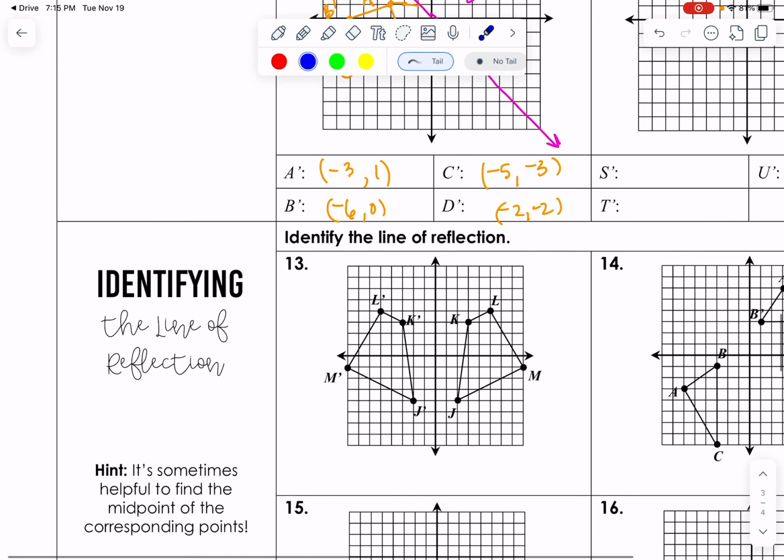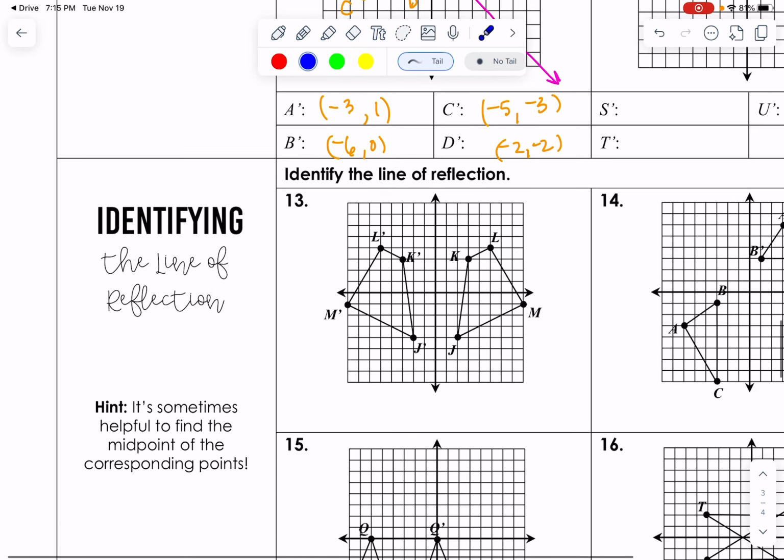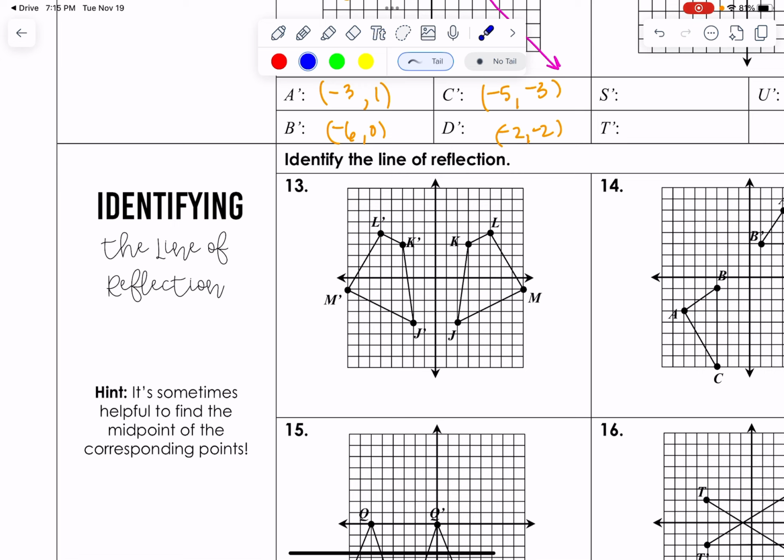All right, so what happens when I ask you to identify the line of reflection? The hint is that sometimes it's just easy to find the midpoint of the corresponding points. So corresponding in this case would be J and J prime. What's in the middle of those points? Let's just pick something and see if we can make it work. So that's in the middle.